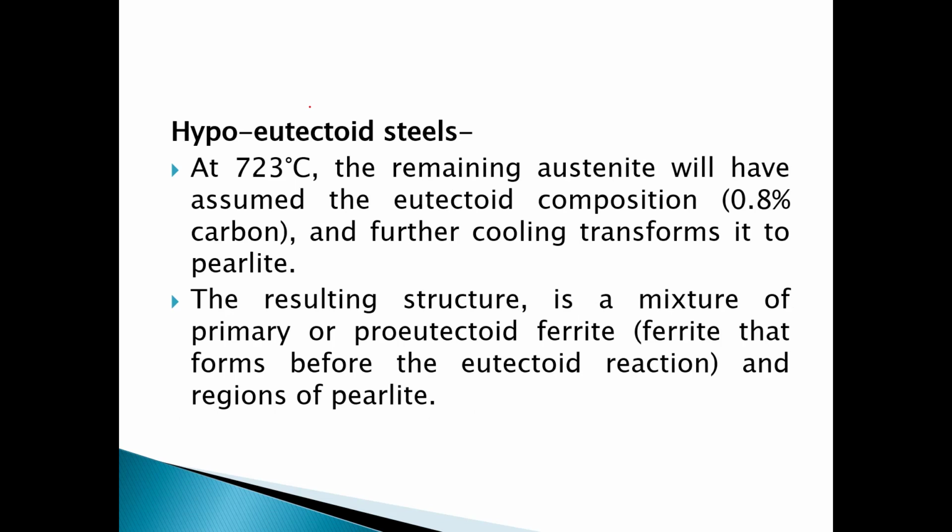At 723 degrees Celsius, the remaining austenite will have assumed the eutectoid composition, and further cooling transforms it to pearlite. The resulting structure is a mixture of primary or pro-eutectoid ferrite and regions of pearlite.